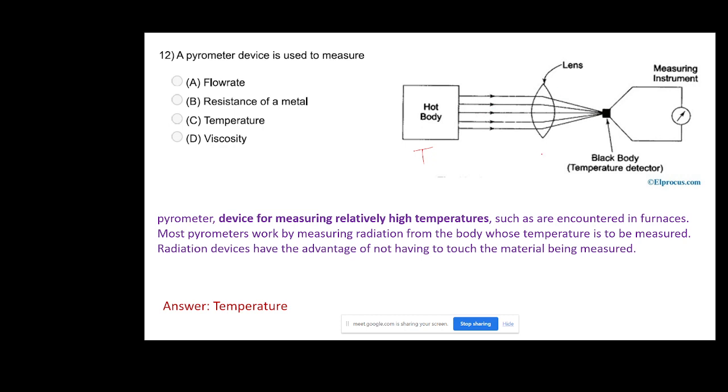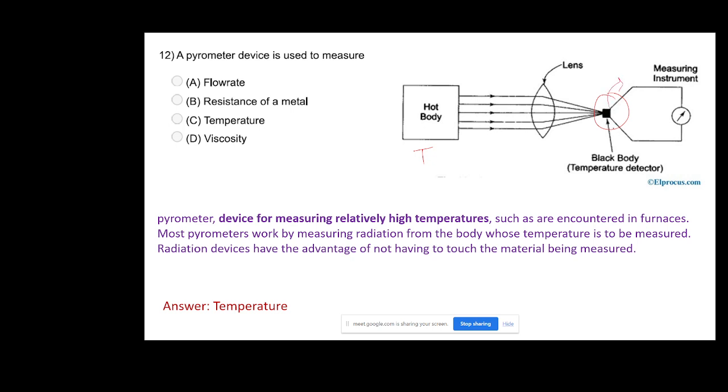So we put up a lens here which will allow the radiations to converge, and it will add up here. Here the black body absorbs all the radiations, and it will result in some change, which will be measured.